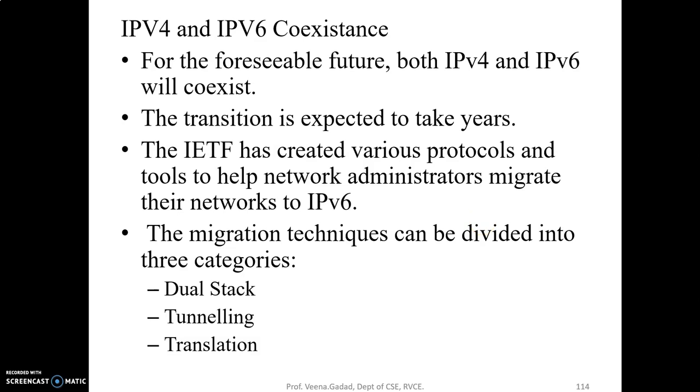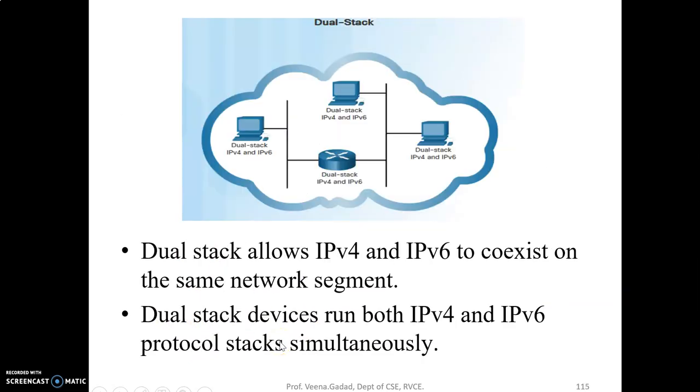You need certain mechanisms which take us through this transition phase. There are a few techniques such as dual stack, tunneling, or translation. We have already understood the concept of tunneling, but we shall just look into these two topics, that is dual stack and translation.